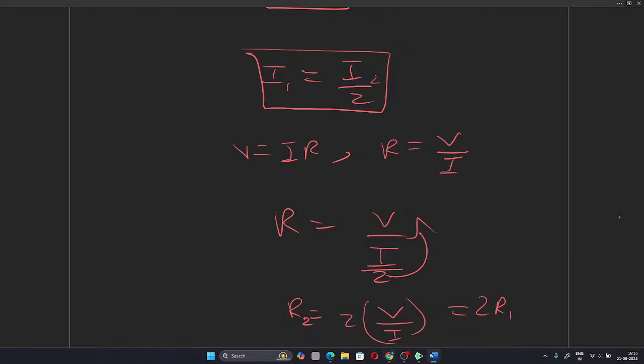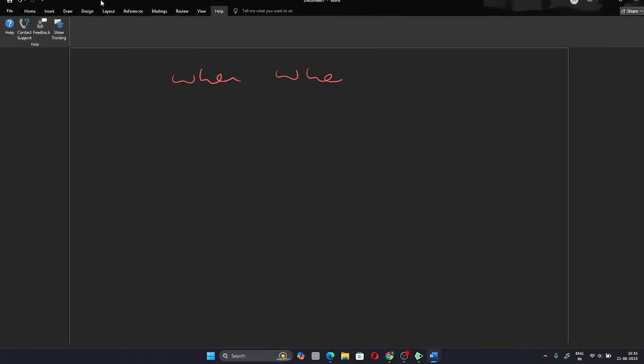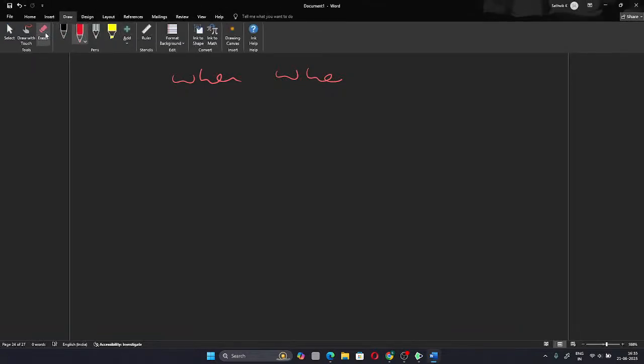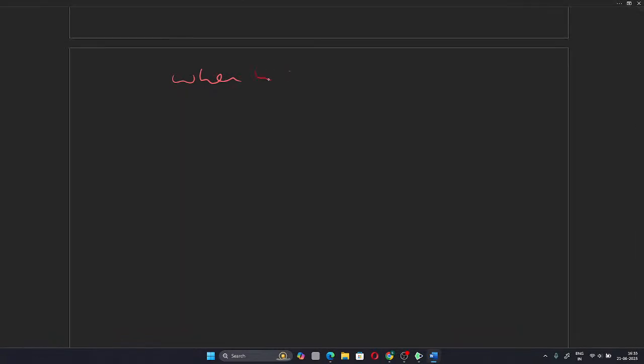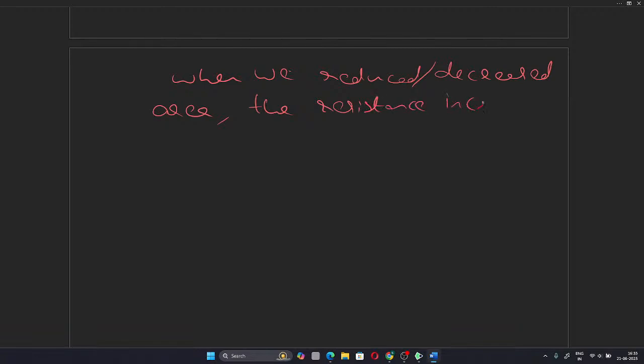So here as well, when we decreased the area, the resistance increased.